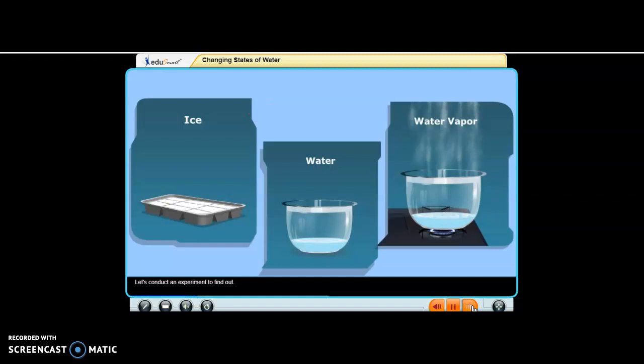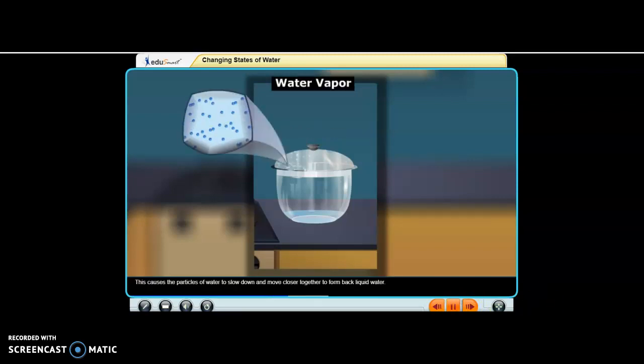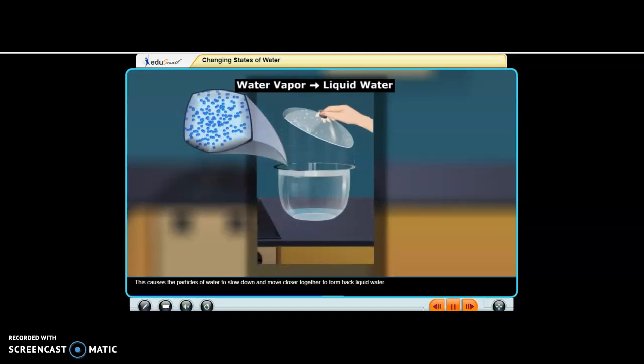Let's conduct an experiment to find out. Place a cool lid over this hot bowl. When the water vapor touches the cool lid, it starts to cool down. This causes the particles of water to slow down and move closer together to form liquid water again.